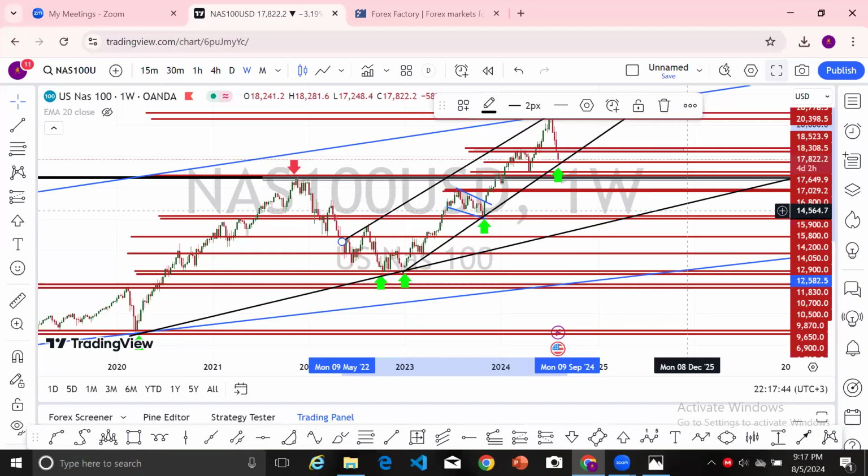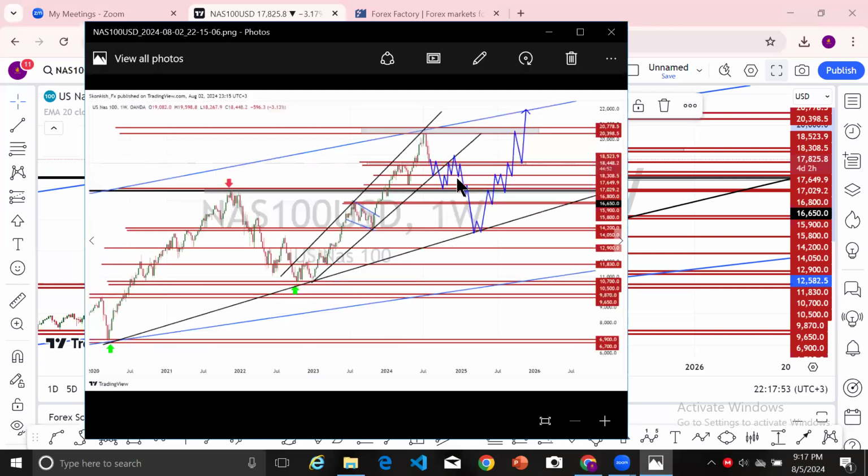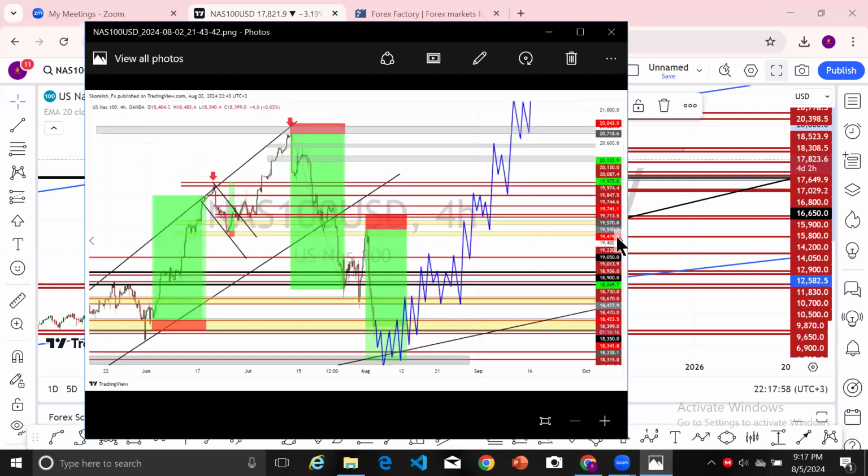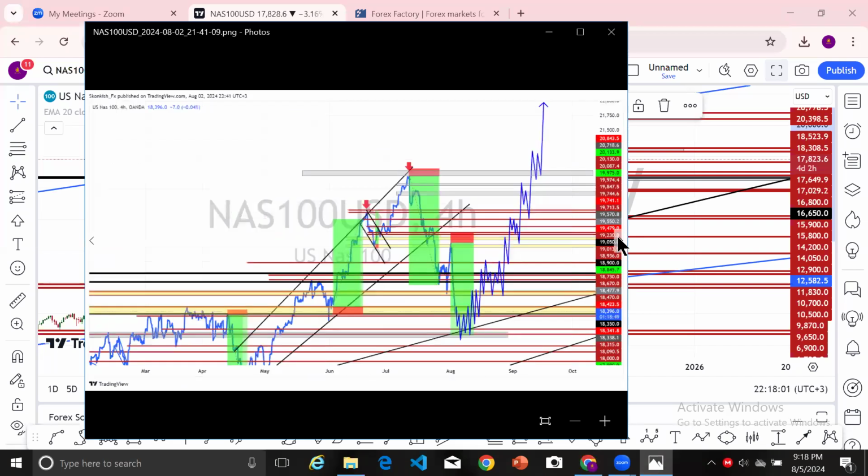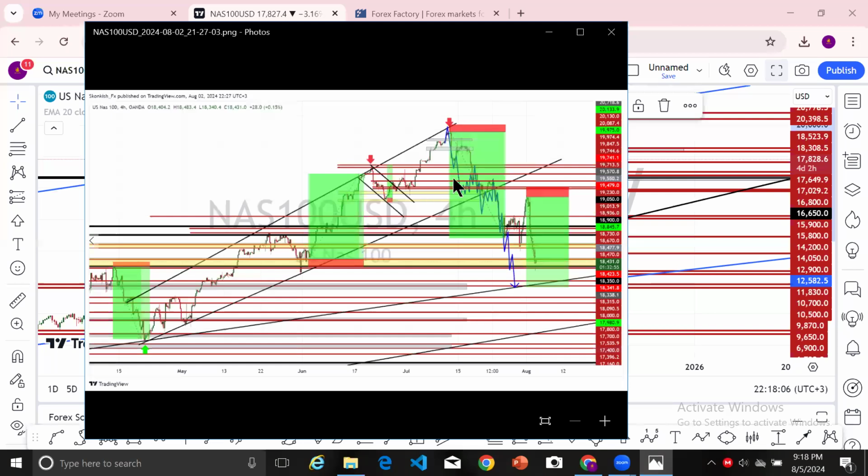So, as you can see, this is what I had. If rates are cut, we're getting rate cuts, this is what I'm expecting. Yeah, this was my previous analysis on this, and it did exactly the same.